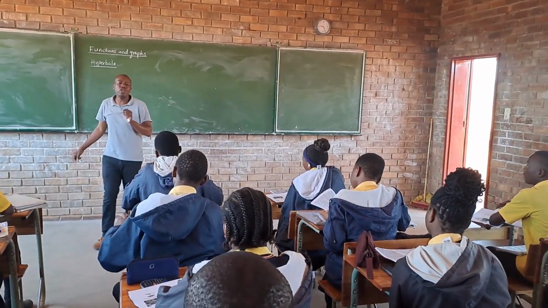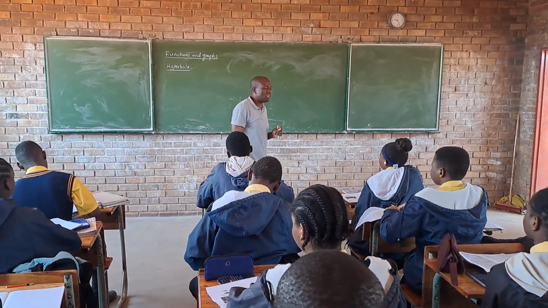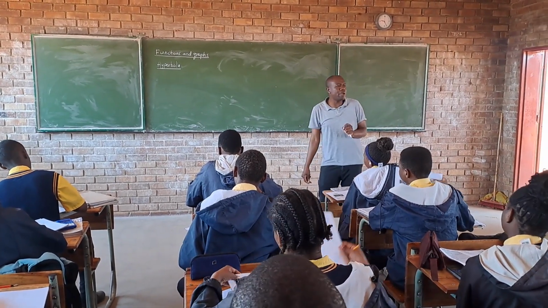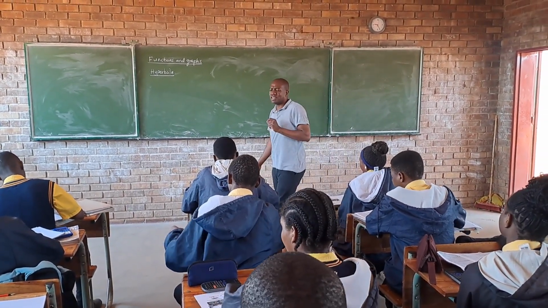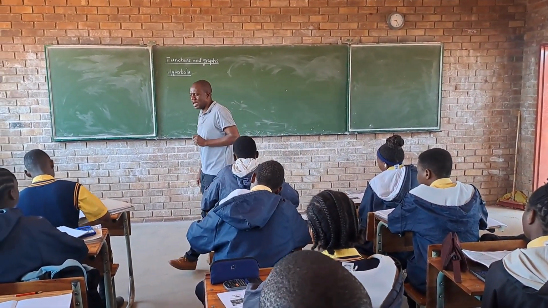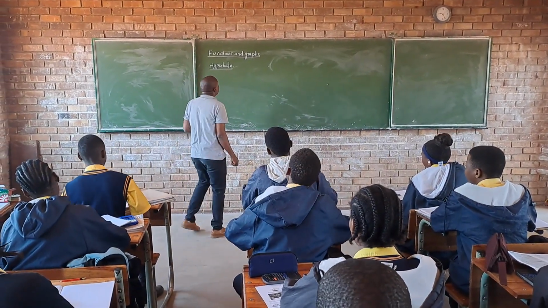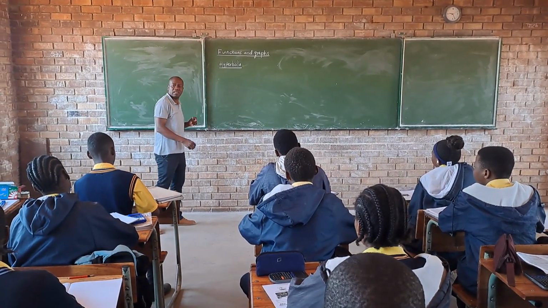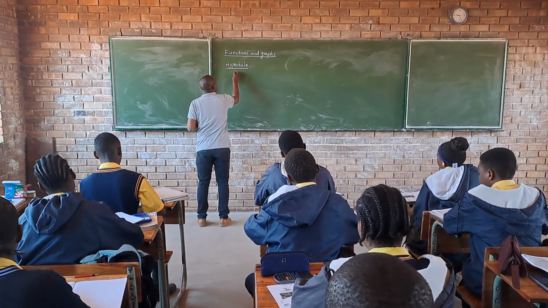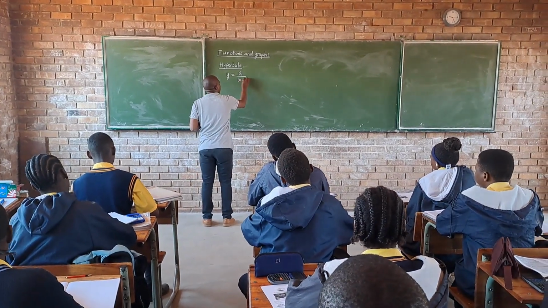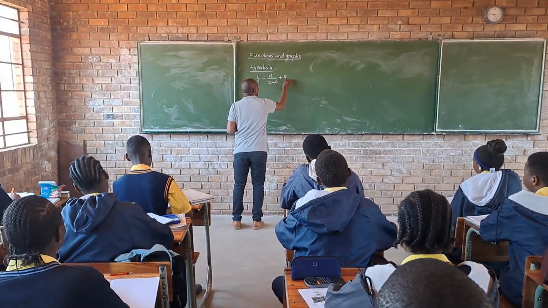Right. Number one, when we are dealing with a hyperbola function, we need to know the standard form of a hyperbola. You still remember it? It is y equals a over x minus p, plus q.